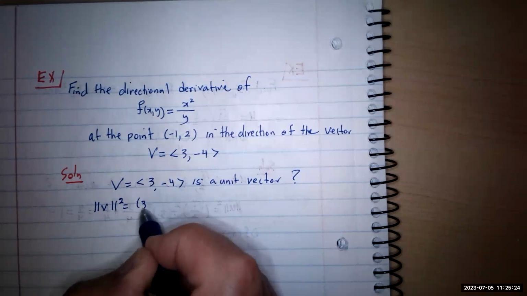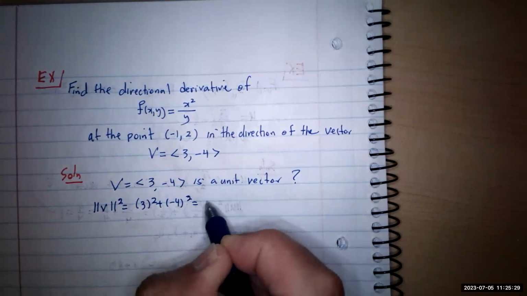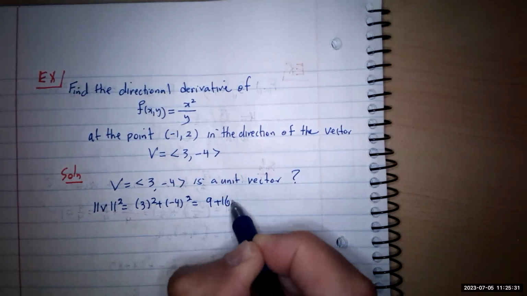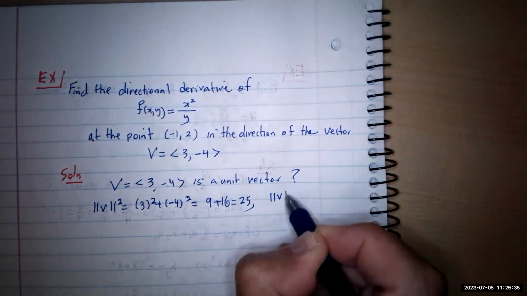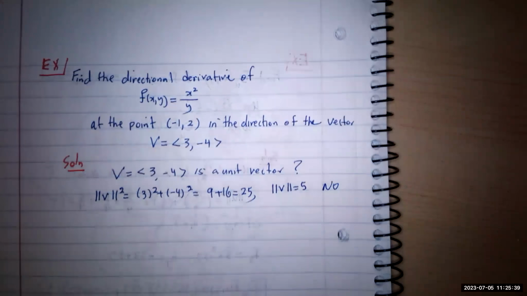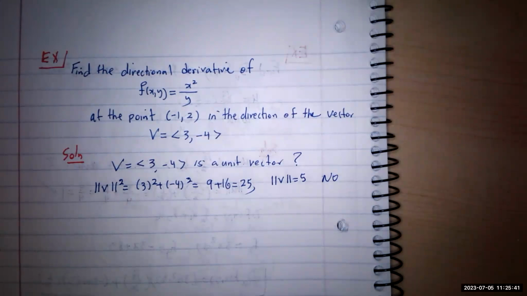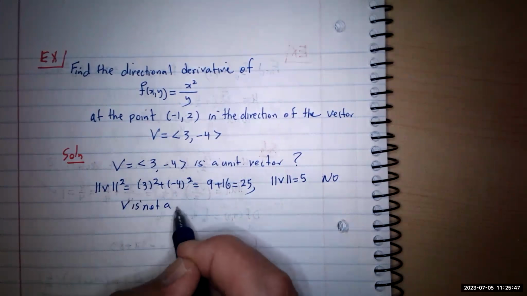It's going to be 3 squared plus negative 4 squared. So that gives you 9 and 16, which is equal to 25. So the norm of v is going to be equal to 5. So the answer would be no. So you have to normalize it. Okay, so v is not a unit vector.